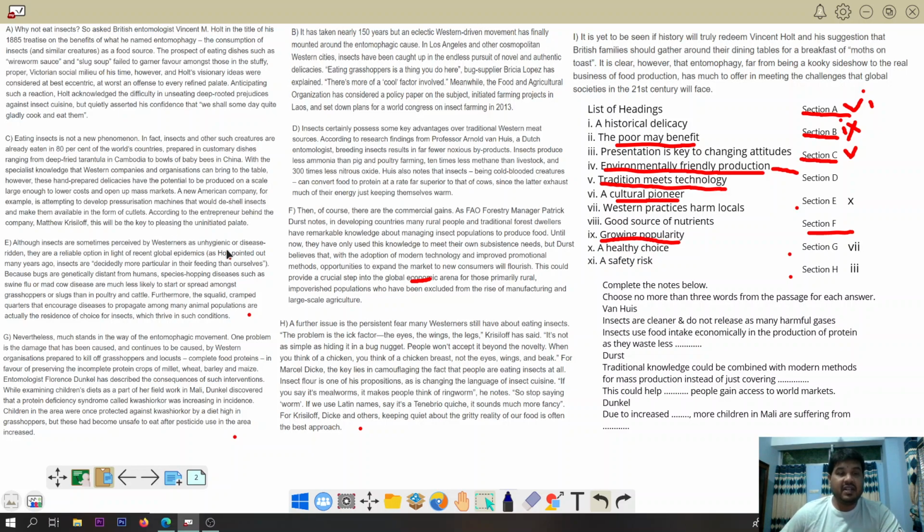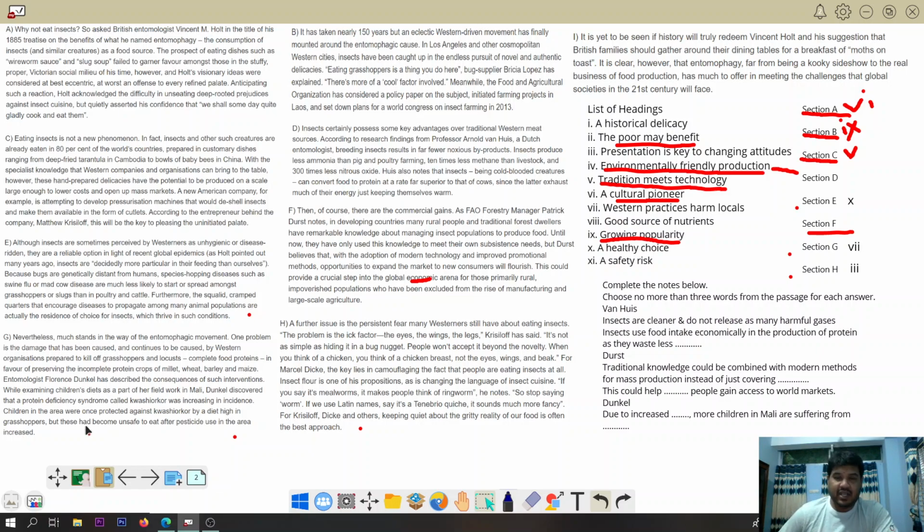So here in the first line, we can see that there is a contrast being created, that although insects are sometimes perceived by Westerners as unhygienic. So although Westerners think that insects are unhygienic, unhealthy, they are not that bad. In fact, they are quite hygienic.